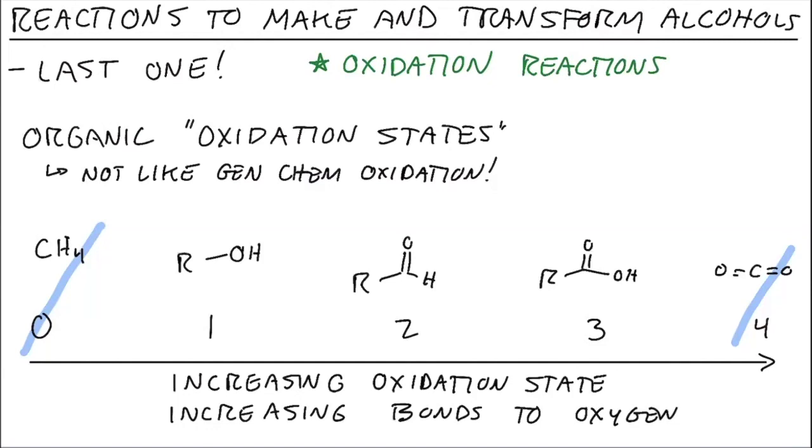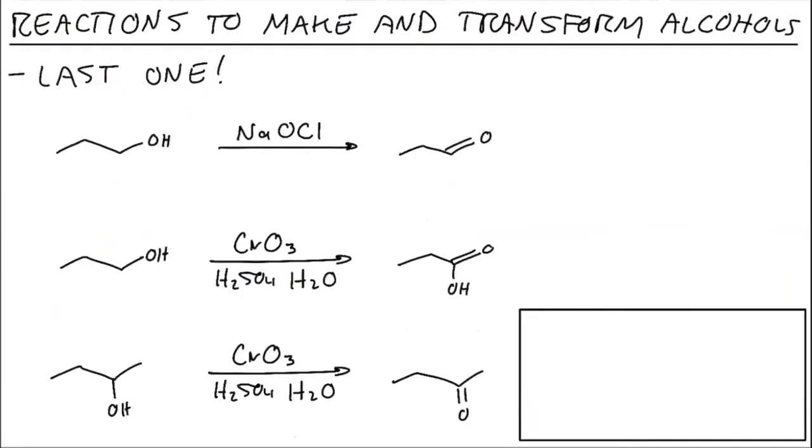So that's where those numbers come from. Those are the oxidation states that organic chemists like to work in. So how do we feel about that? No math involved, you just need to be able to count. Pretty easy, right? So with those oxidation states in mind, we think about these oxidation reactions.